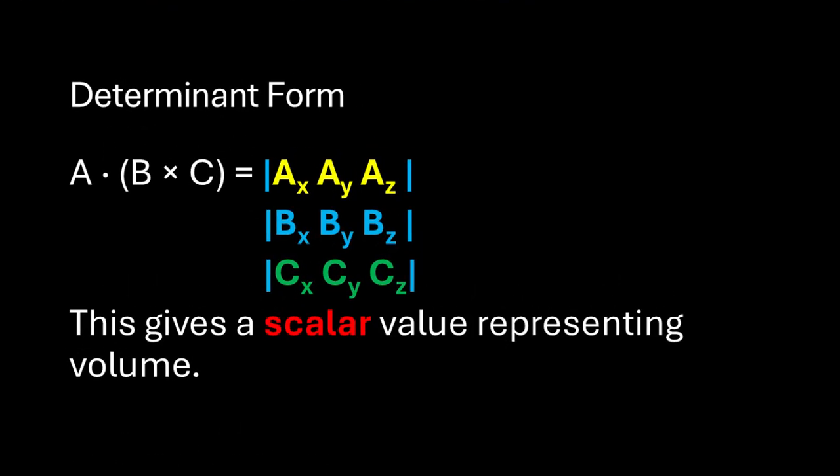in the determinant form, A dot B cross C is the determinant of AX, AY, AZ. Now what does this mean?